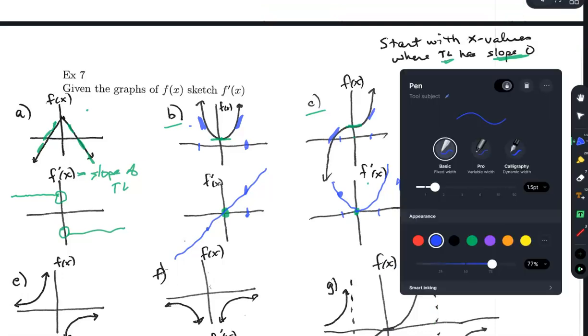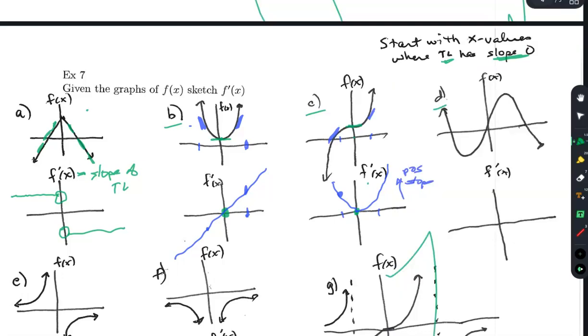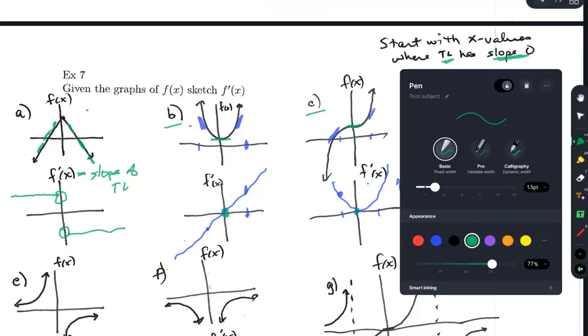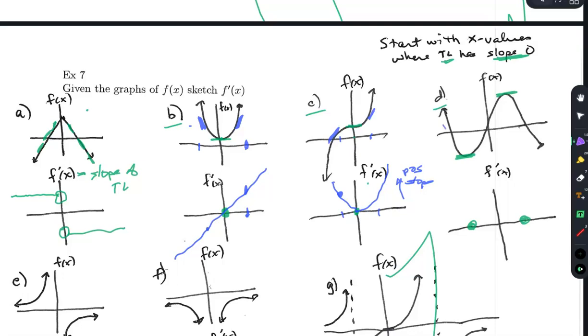One more. So let's find out first, again, where the slopes of the tangent line is 0. So I see 2 places. So I'm going to put a slope 0 and then the slope 0. And then I'm going to look and see before that point, it looks like these are negative slopes. So that means below the x-axis.